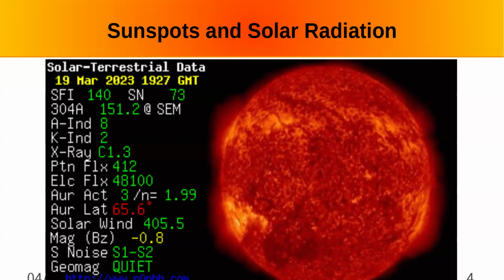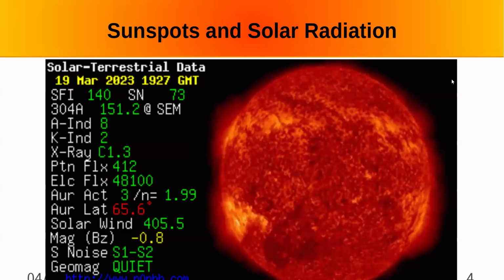The magnetic one, which is the B sub Z. We'll talk about that one. And they do these at least daily. I got one this morning. The solar flare index was the first one up here. So whenever this was, March 2023. I don't know what today's is. It's around 110, I think. Okay.